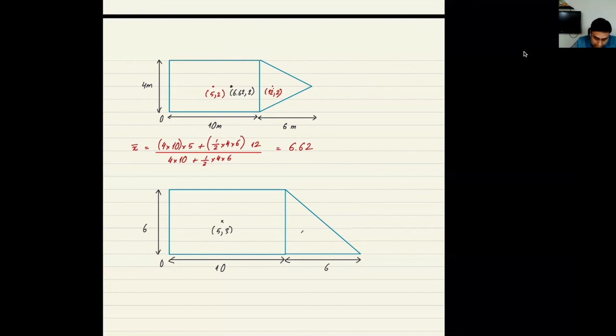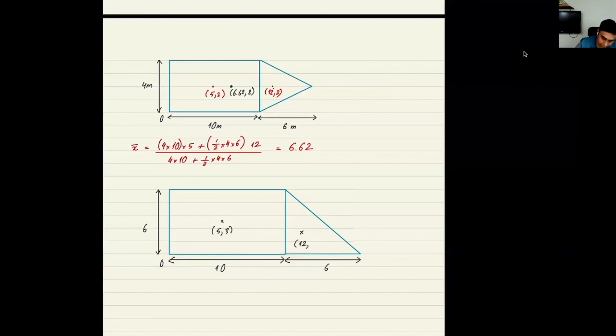And for this one, this is going to be 1/3 of 6, so that'll be 2. And 10 plus 2 gives me the x coordinate as 12.